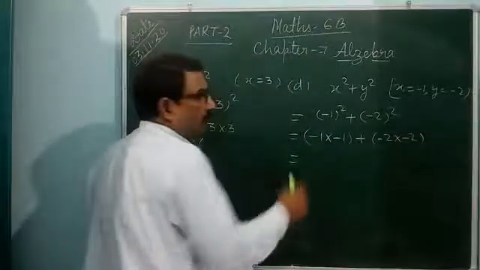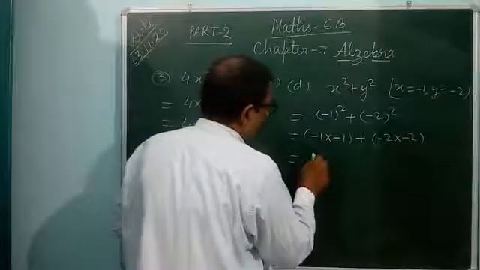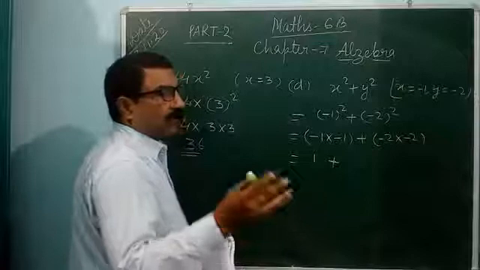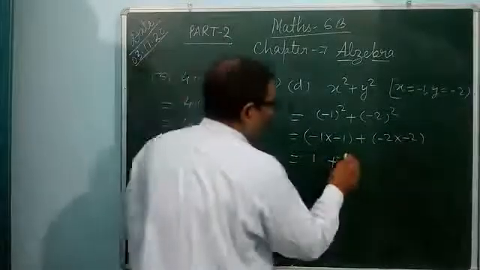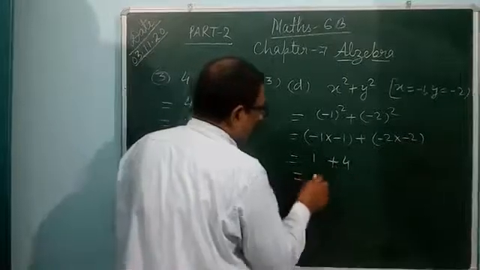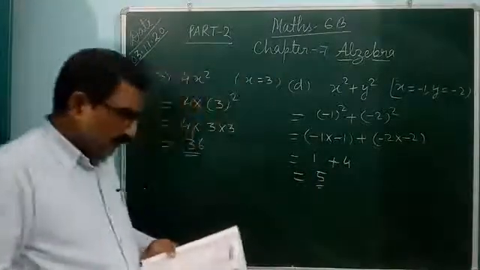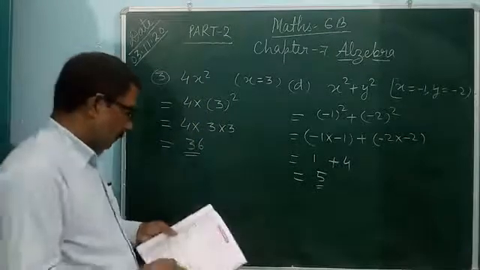Minus 1 multiplied by minus 1 gives plus. So minus 1 times minus 1 means 1, and plus minus 2 times minus 2: minus times minus, the result will be plus, so plus 4. It means 1 plus 4 is equal to 5. 5 is the answer. In this way you can do all of question 3 and question number 4.